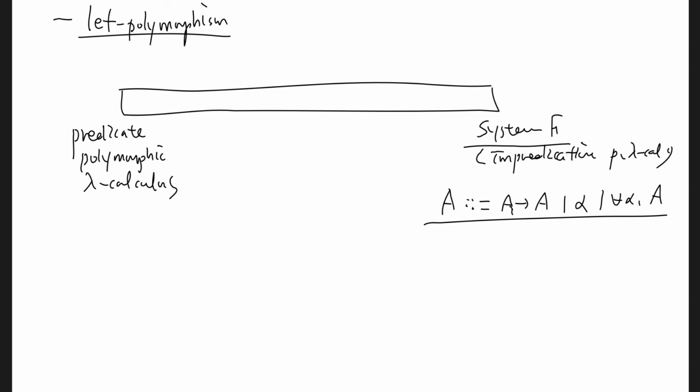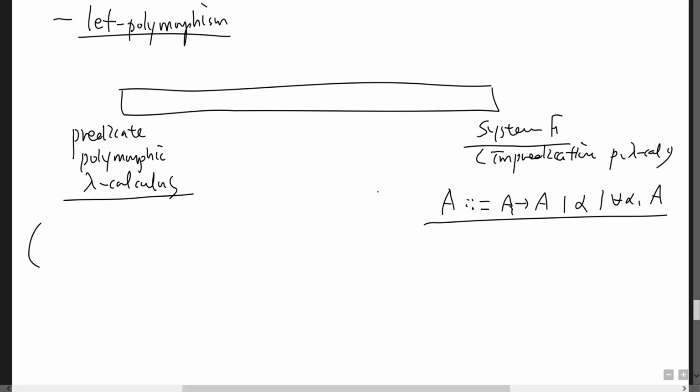In the case of predicative polymorphic lambda calculus, we stratify the types into two layers, monotypes and polytypes. Monotypes do not have polymorphic types, so it is either a function type or a type variable. Remember that type variables themselves are not polymorphic types.